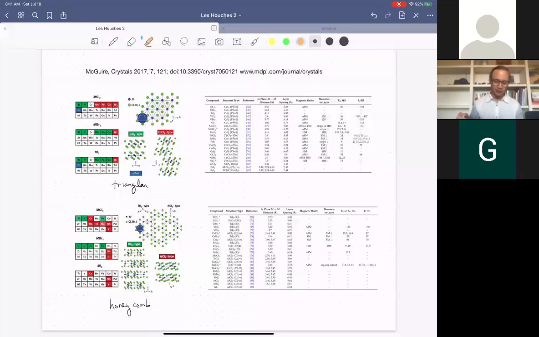So these are basically transition metal dichalcogenides with the structure like this. So some transition metal and two halogens. And there are also transition metal trichalcogenides like these. These are all 2D layered materials in which the transition metal ions carry local moments.